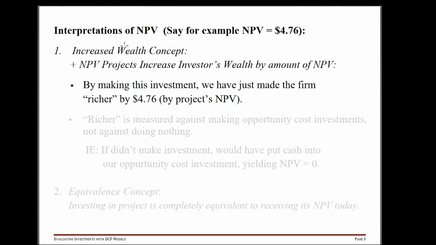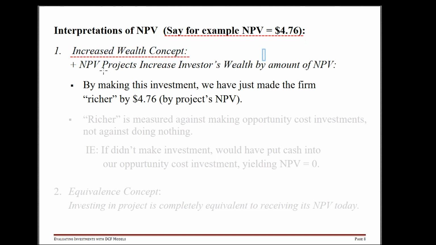Okay, so there are also two important interpretations of the net present value. We looked in the notes at an example where the net present value of a project was $4.76. So I'll continue with that here. The first interpretation that's important, and we use this all the time, is called the increased wealth concept.